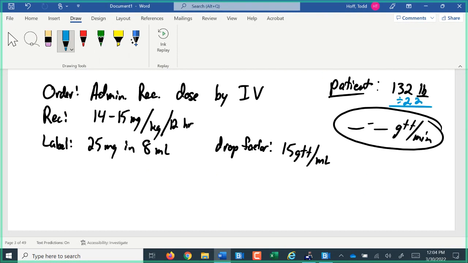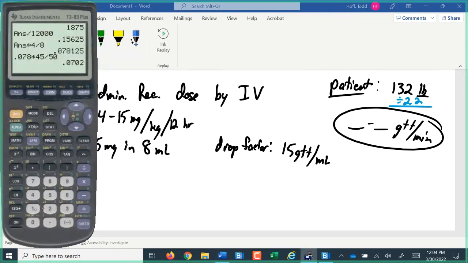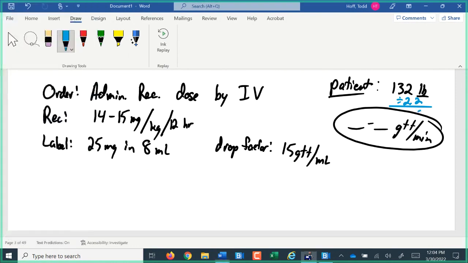Divide by 2.2, 132 divided by 2.2 is 60 kilograms. Start out with 60 kilograms over 1. And again, we're going to use the maximum and the high end of our range of recommended dosage. Kilograms on bottom so they cancel out.